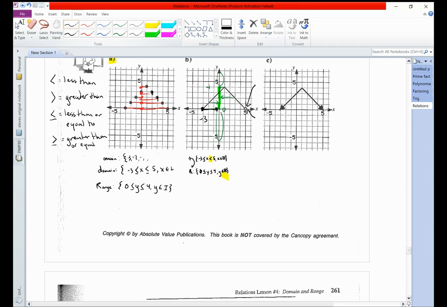Okay, so now we have a similar function, but we have these arrows on the end, and that means that this function is going to go forever this way and forever this way. So let's start with the domain. The domain is all the x values. If this function goes forever this way and forever to the left, it's going to cover every known x value.